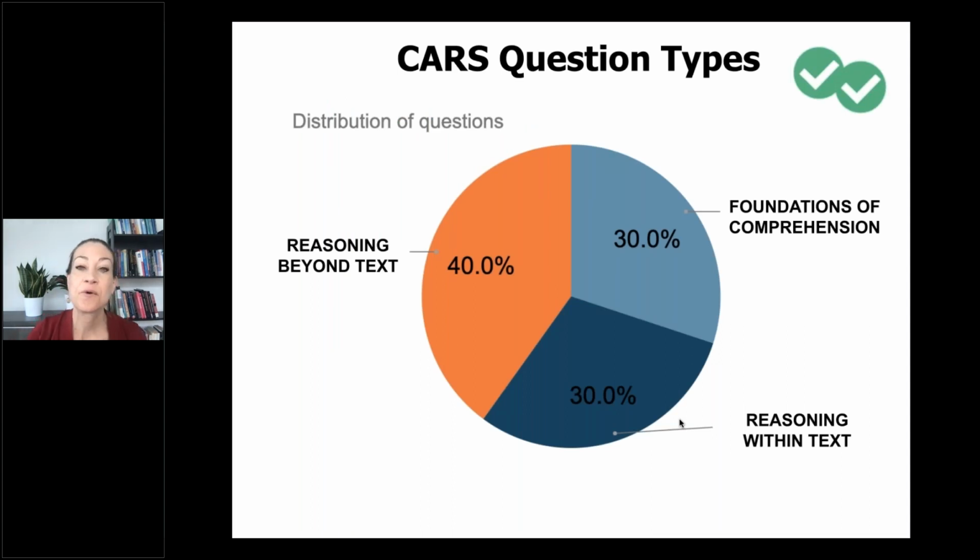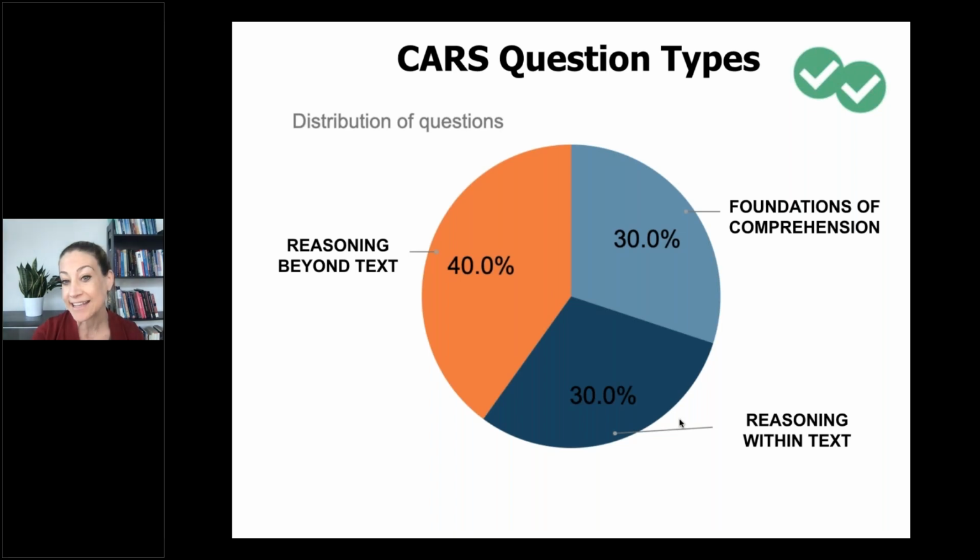Okay, so there are 3 main categories of CARS questions, and you're going to see a distribution that looks basically, not just roughly, but exactly like this. If you start with that light blue pie sector, 30% of the questions are just going to ask you about the passage. These are foundational comprehension questions.